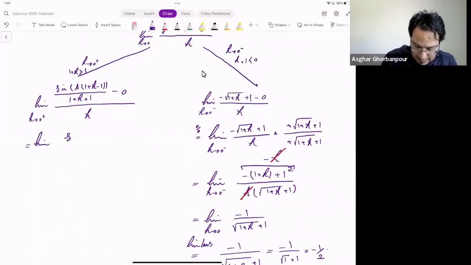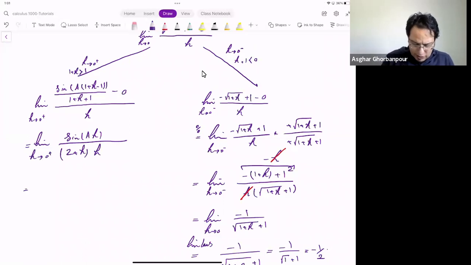This is sine of a times h over 2 plus h. So I do multiply, and this is what we have. Well, I can use the product law here.